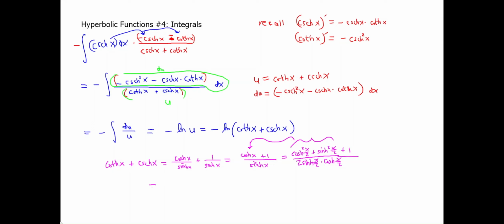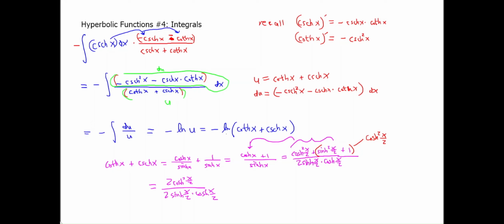Now inside this set of red parentheses, that is actually kind of our very first fundamental Pythagorean identity for cosh squared, in particular of x over 2. So I have 2 cosh squared of x over 2 in the numerator. Downstairs still the same, 2 sinh x over 2 times cosh x over 2.